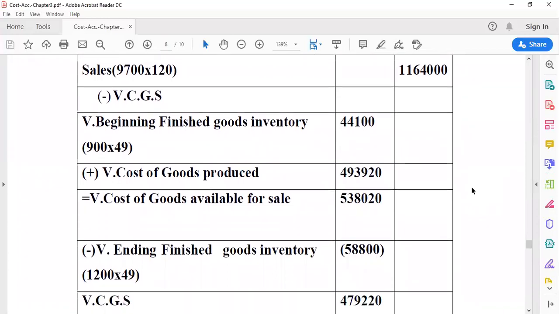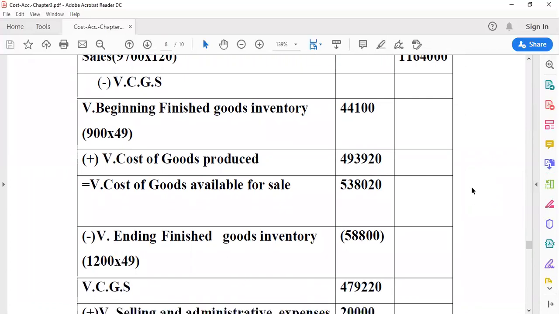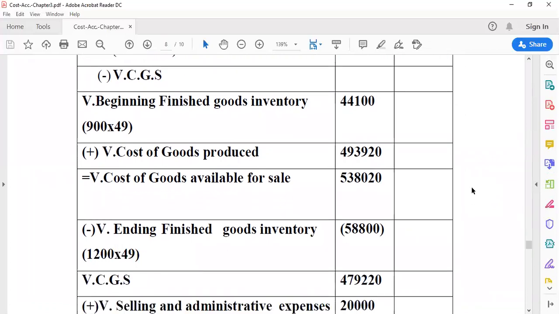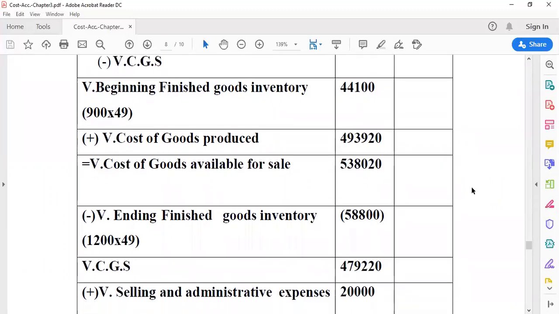If I add the variable cost of goods produced to the variable beginning finished goods, I will get something called the variable cost of goods available for sale. This is the amount that will be available for me to sell to customers, to clients. Okay, dears?